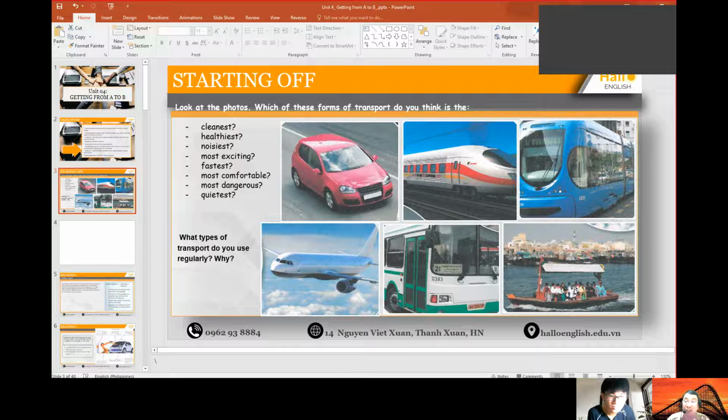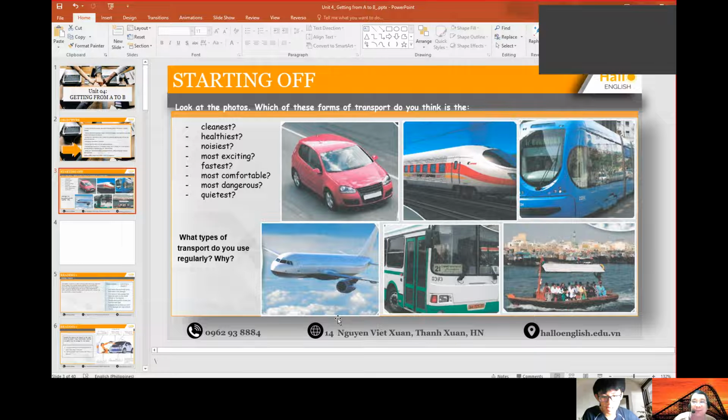Poisonous gas, right? That's it. Not unlike the following means of transportation, where there would be smoke, and it's dangerous to our health. And then, what do you think would be the healthiest?